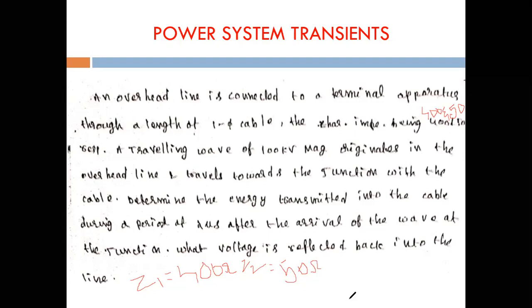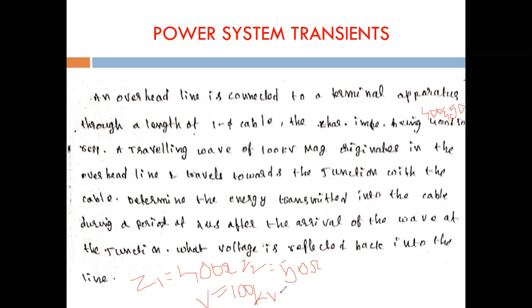A traveling wave of 100 kilovolts magnitude originates in the overhead lines and travels towards the junction with the cable.